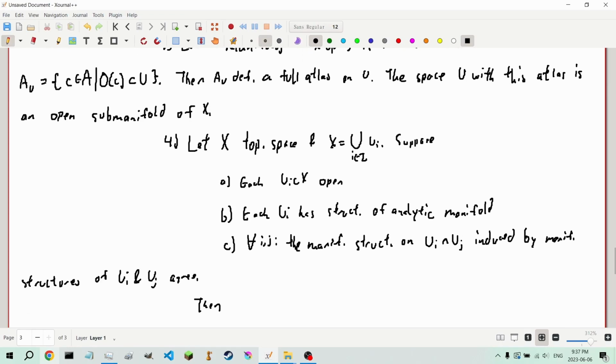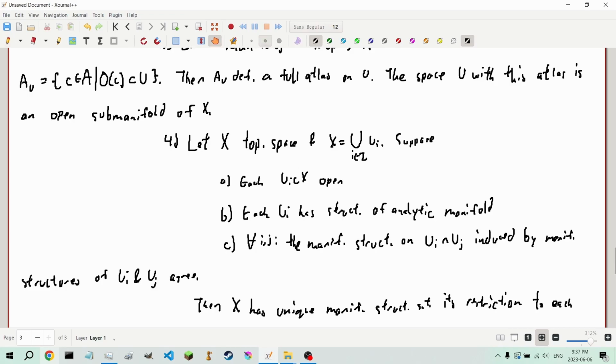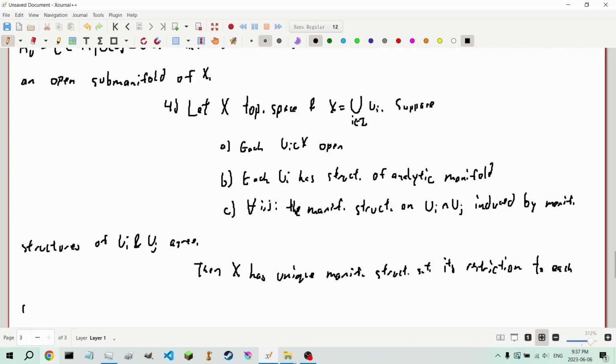Then X has a unique manifold structure such that this restriction to each U_i is given.